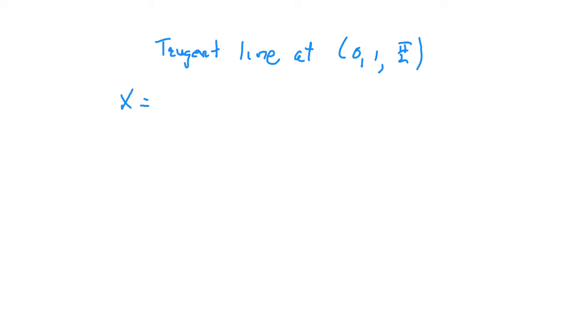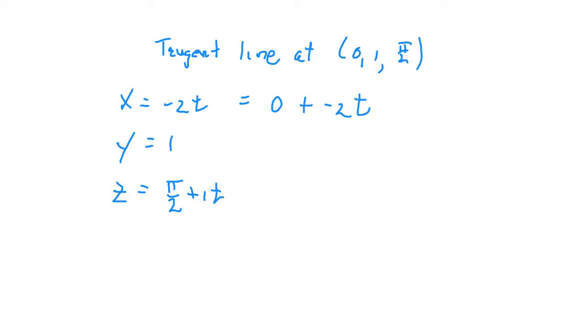Okay, that helix. The parametric equations are x equals negative 2t, y equals 1, and z equals pi over 2 plus 1t. But negative 2t, think of it as 0 plus negative 2t. Think of 1 as 1 plus 0 times t.